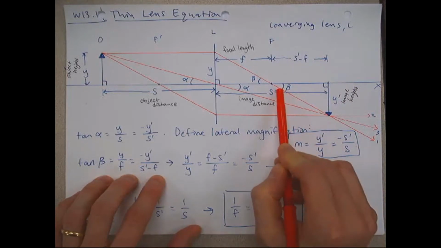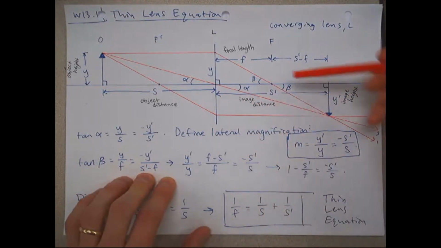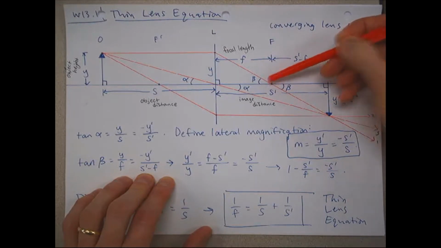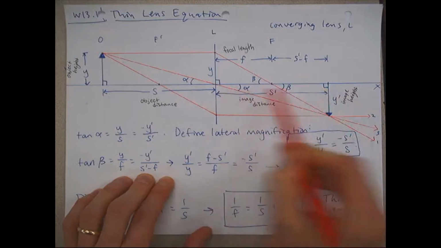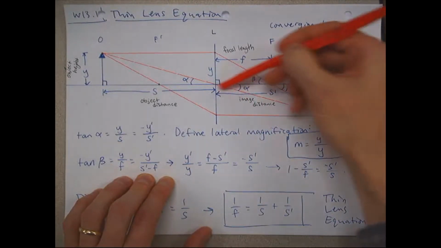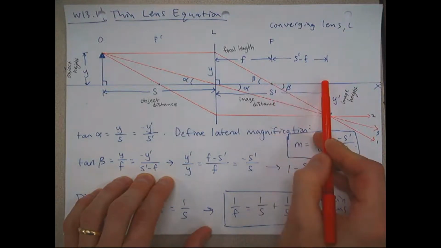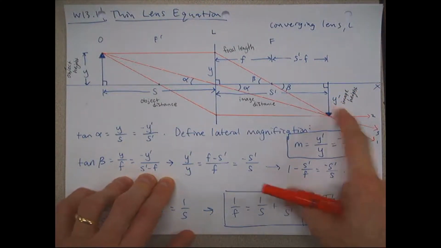And then we have a similar triangle opposite with the same beta. Now the distance from the focal point, the primary focal point, to the image is s prime image distance minus the focal length. So this distance here is s prime minus f on that leg of the triangle, and we have this positive distance is negative y prime.